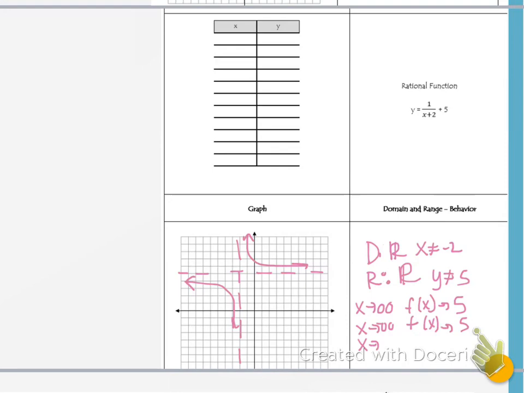As x approaches negative 2 from the positive side, the end behavior is it is going upward, so positive infinity. As x approaches negative 2 from the negative side, or the left side, f of x is going downward, so negative infinity. So you have to include all of these walls when you do it, that you'll never see again until pre-calculus.